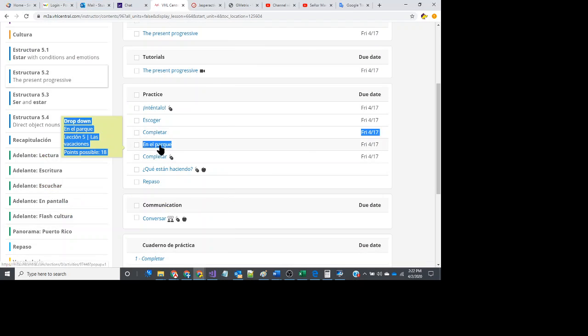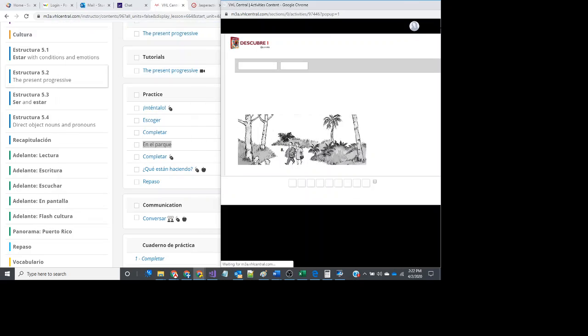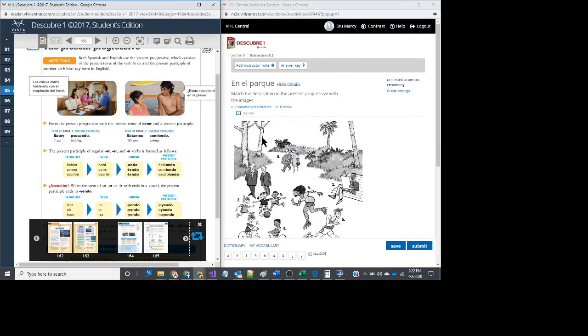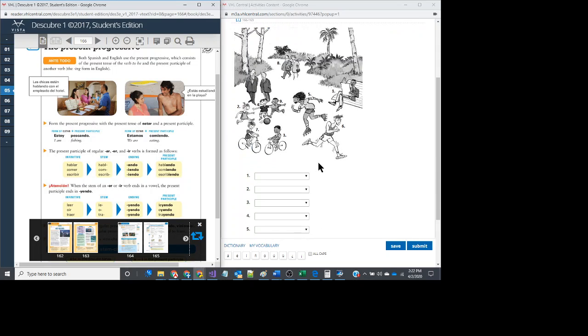And en el parque, we've got to match the description of the present progressive with the images. All right. So, caminando por el parque. Oh, number one is this guy, and it looks like he's reading a paper.